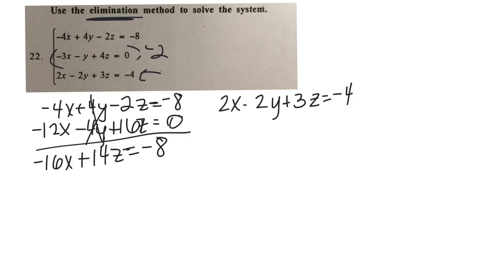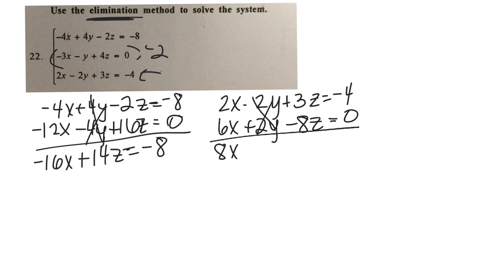So we get 6x plus 2y minus 8z equals 0. Negative 2 times 0. So I get 8x, the y's eliminate again, minus 5z equals negative 4.